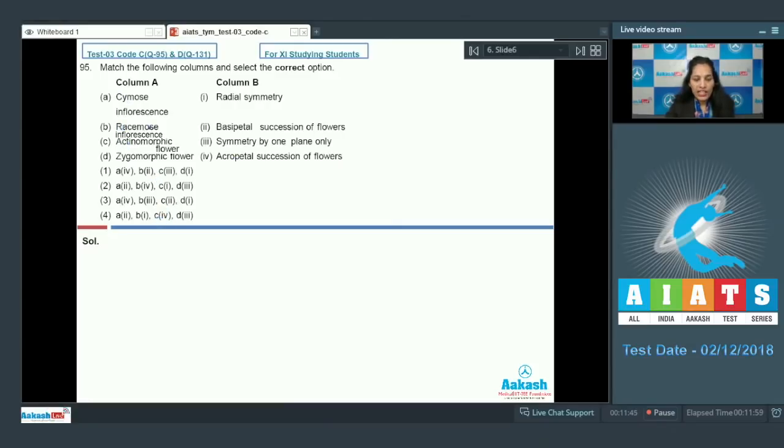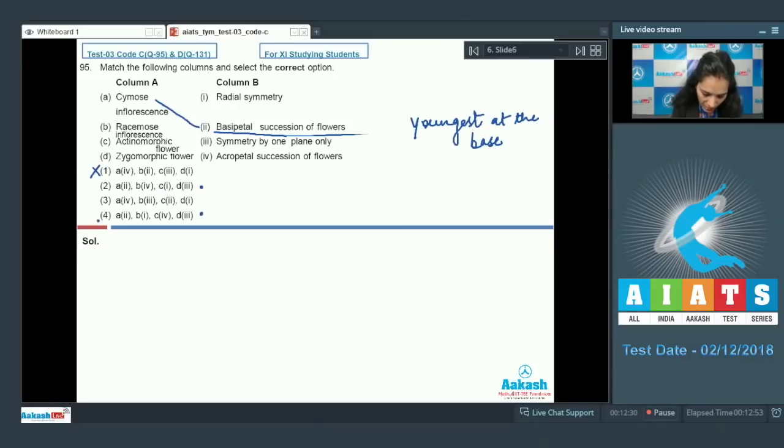What is cymose inflorescence? In case of cymose inflorescence, the arrangement of flowers is present in the basipetal succession, which means the youngest flowers are present at the base. So this is the basipetal succession. So A goes with 2. This can be an option. This can be an option.